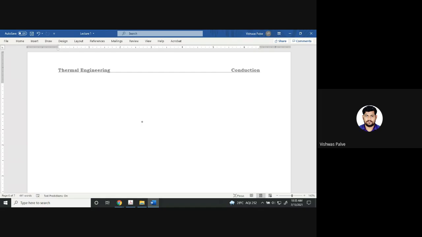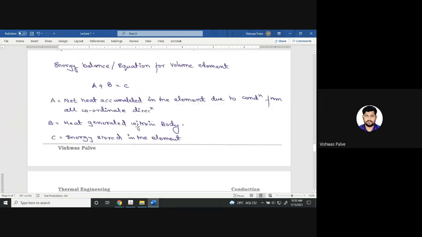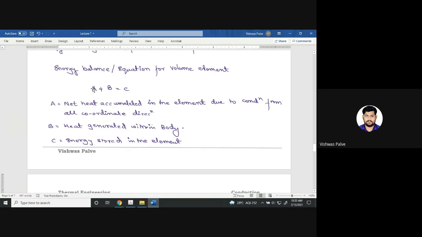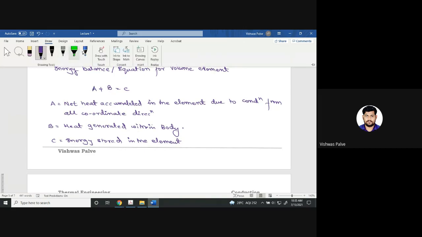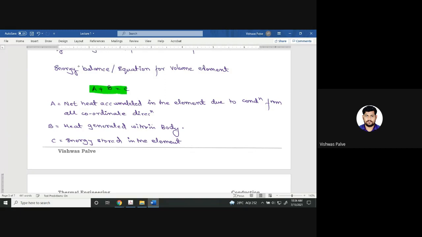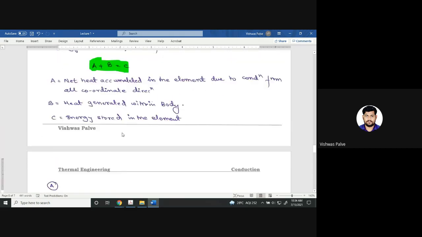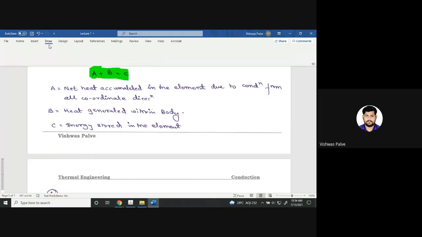So let us derive an expression for A. Okay, so one by one we'll form the energy balance equation for this. Okay, let us now derive the equation. So I can say that this is my equation 1.